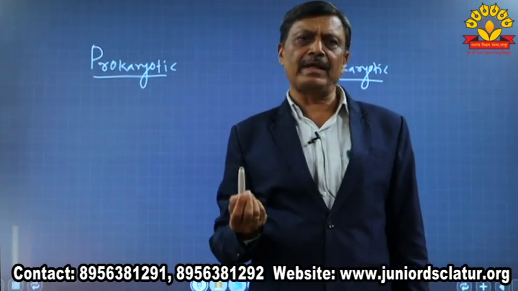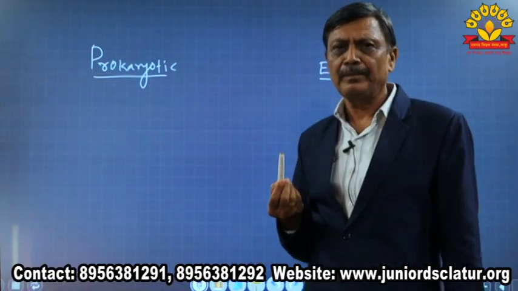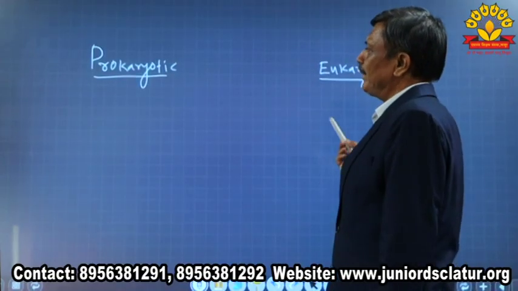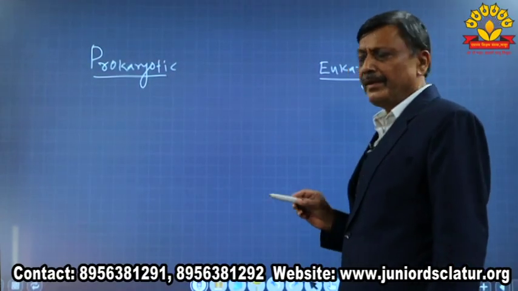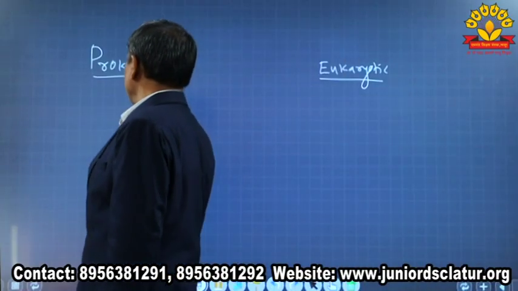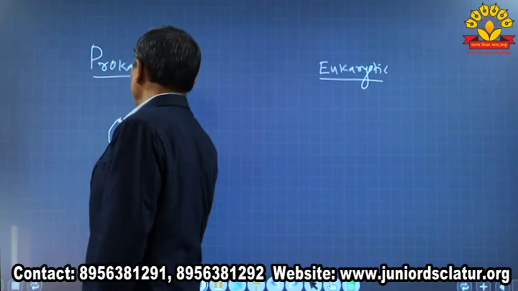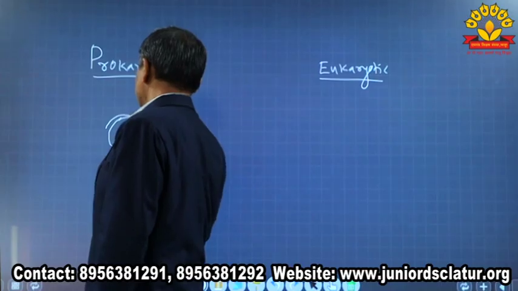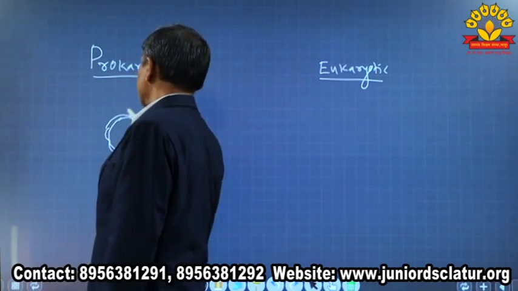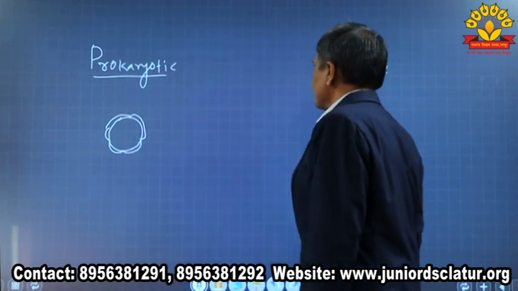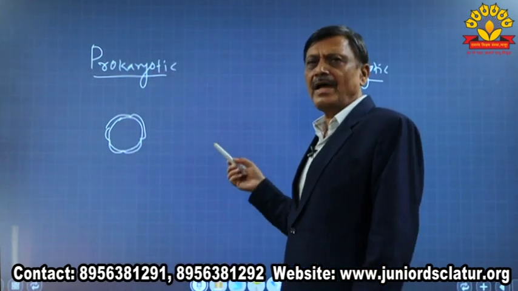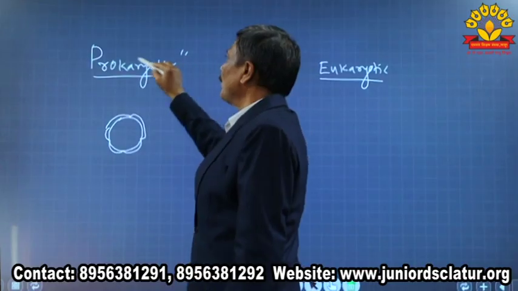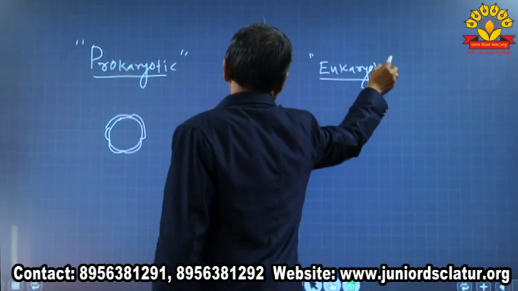Eukaryotic cell means the cells of plants and animals, and protist cell is also a eukaryotic cell. What is actually the difference between the prokaryotic and eukaryotic cell? Prokaryotic cells do not have a true nucleus and nuclear membrane. This structure is absent in the prokaryotic cell, while in the eukaryotic cell, the nucleus and nuclear membrane are found. This is the main difference between the prokaryotic cell and eukaryotic cell.